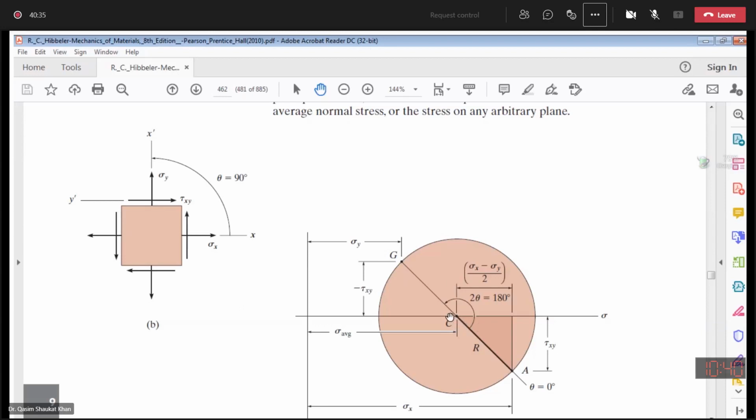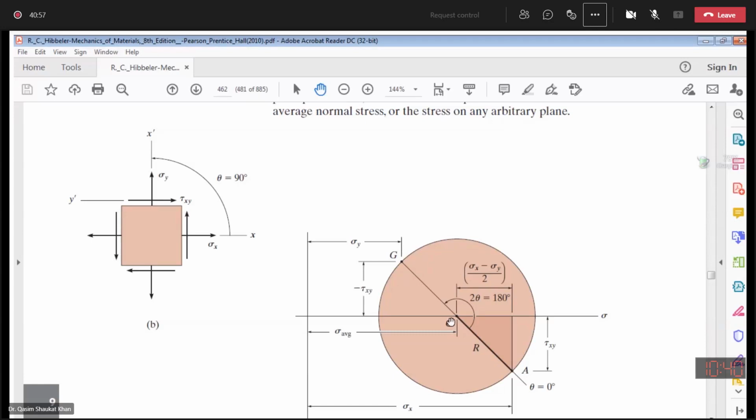Now the next step is you have to mark the center point of the Mohr circle. To plot the center point of the circle, represented by C, you have to calculate the average normal stress.